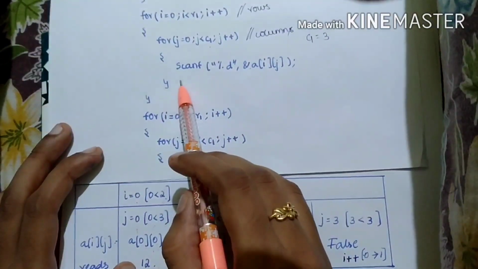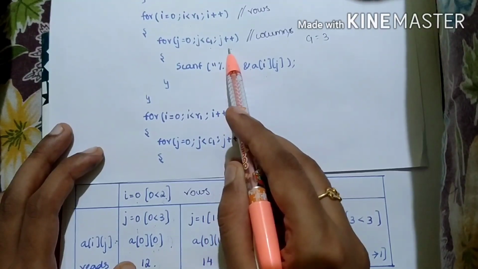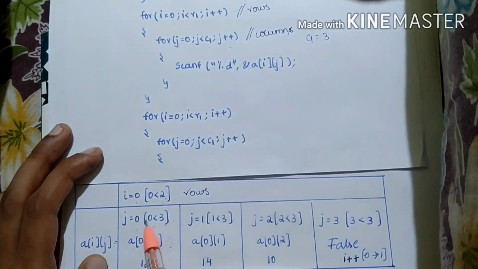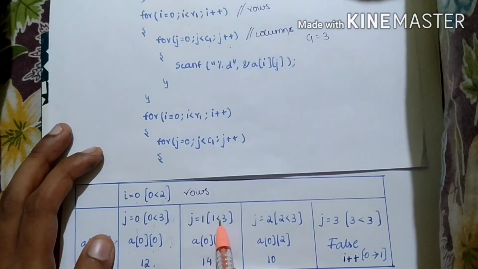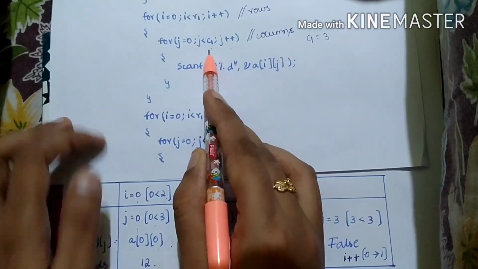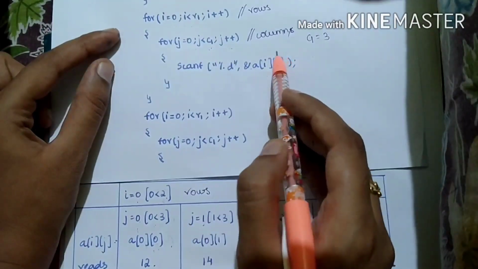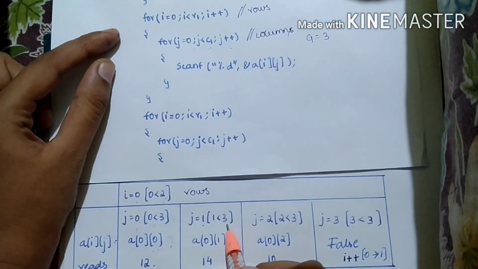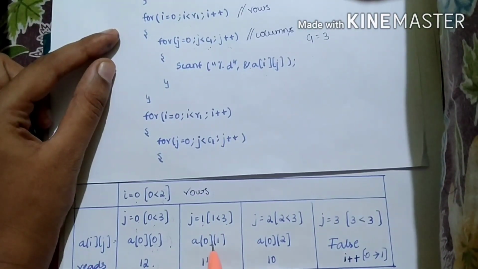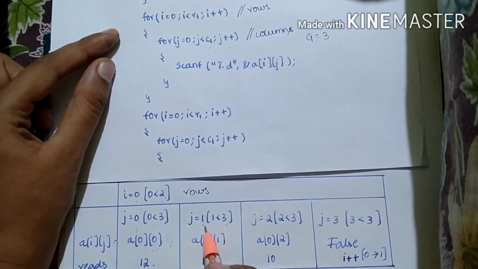After that it increments the j value, j plus plus. So 0 will be incremented to 1, and it checks 1 less than C1. C1 is 3, so 1 is less than 3. So a of i of j, where i is 0 and j is 1.